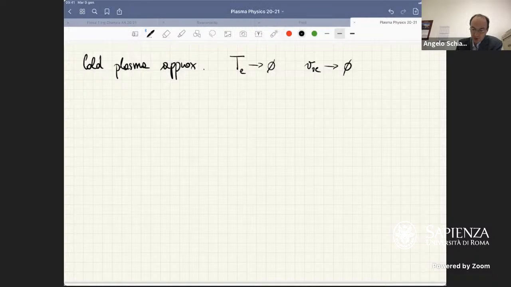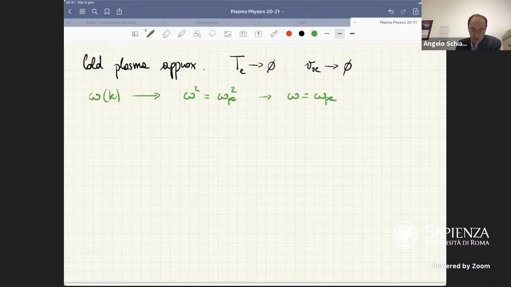And our dispersion relation, omega as a function of k, becomes omega squared equals omega p squared. So omega equals omega p. And what does this describe?